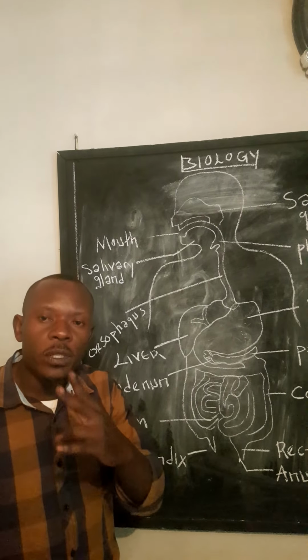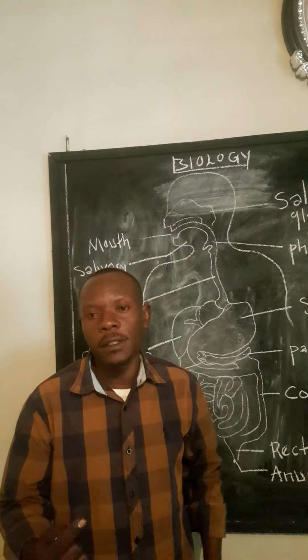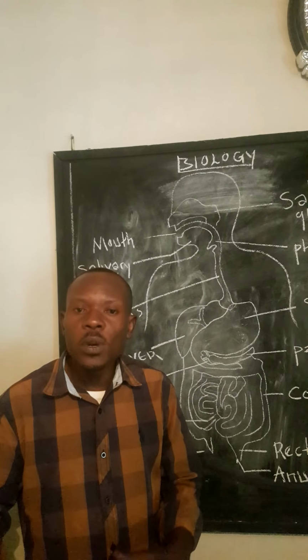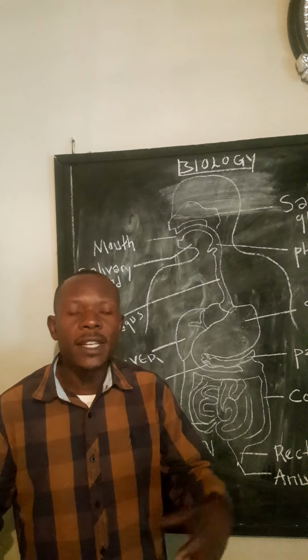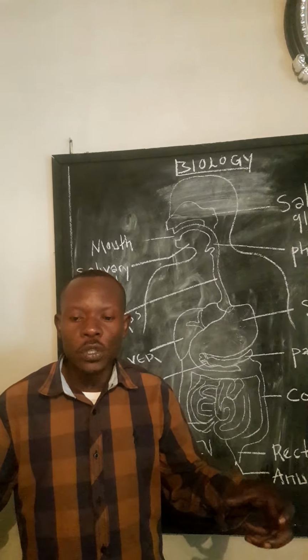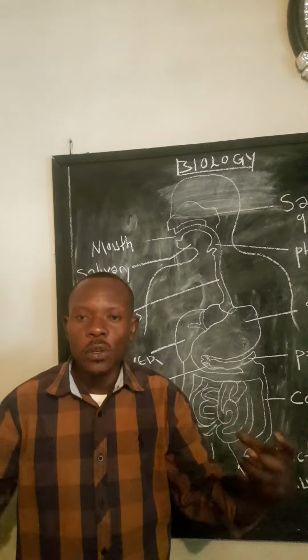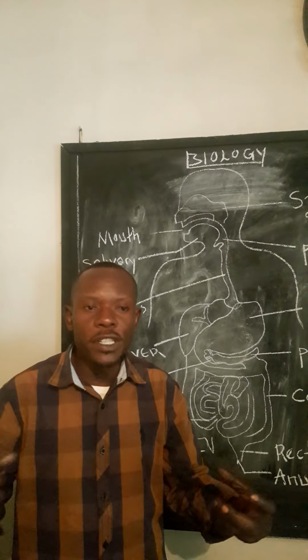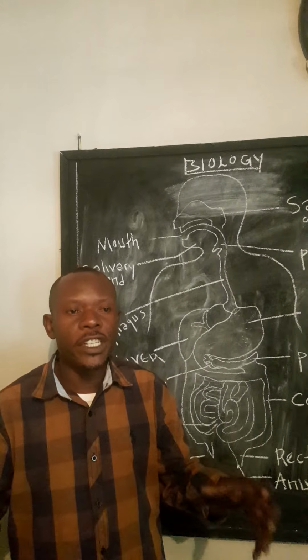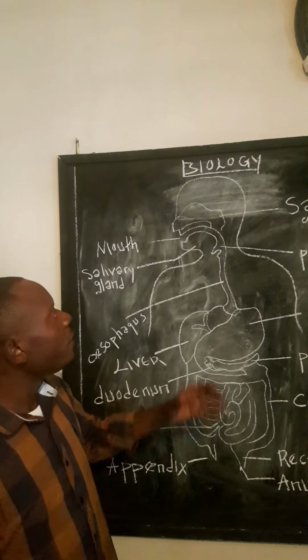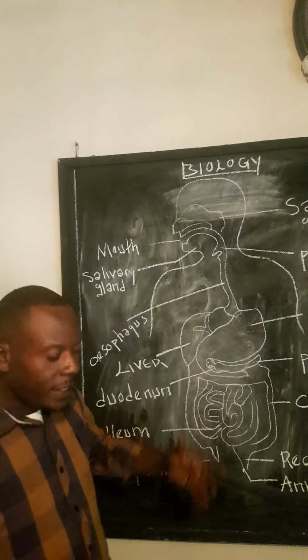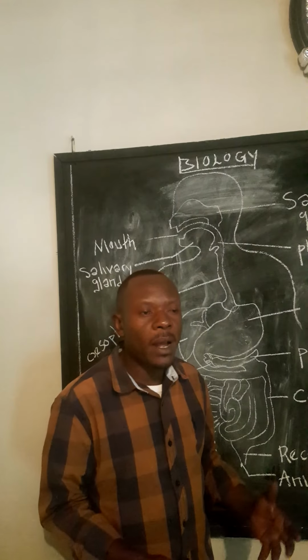There are actually two different types of digestion. We have what is known as physical digestion as well as the chemical digestion. So we can say digestion is categorized into two, the physical as well as the chemical digestion. Now, looking at the physical digestion, what is this physical digestion all about?